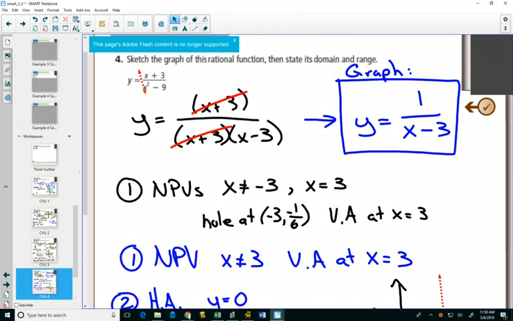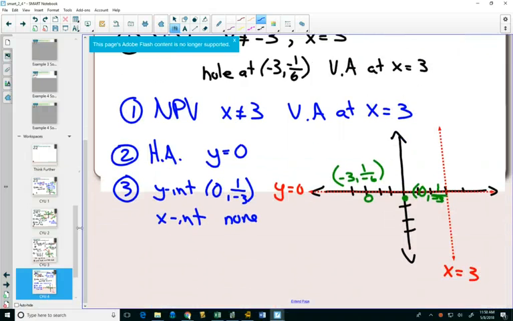Oh, that's not blue. Because negative 3 is a hole. It is not an x-intercept. So we have enough points to draw this part of our graph.